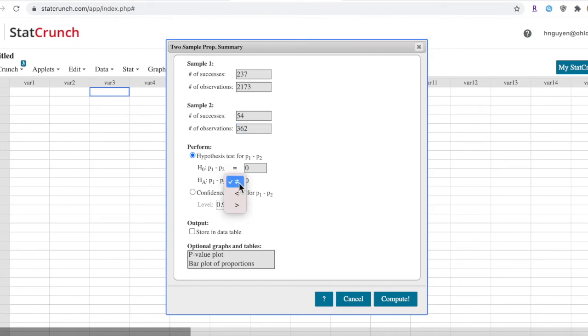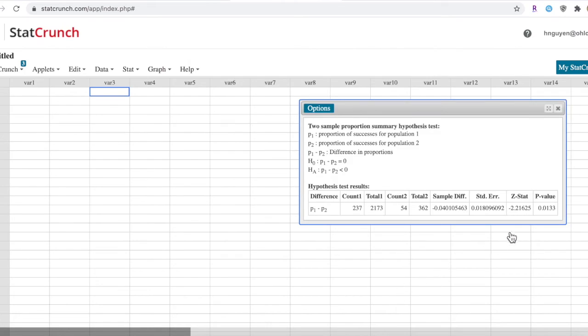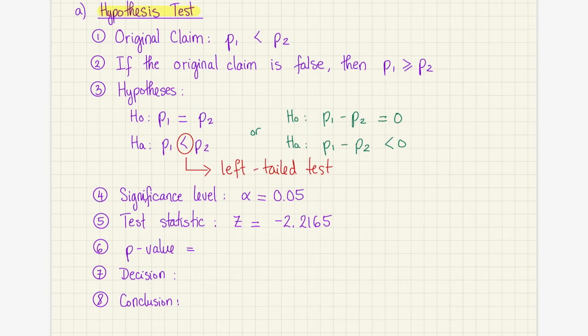And I will change my HA to less than. This is my test statistic and this is my p-value. For the z-score, I'll round it to 2 decimal places, which is negative 2.22. P-value is 0.0133.